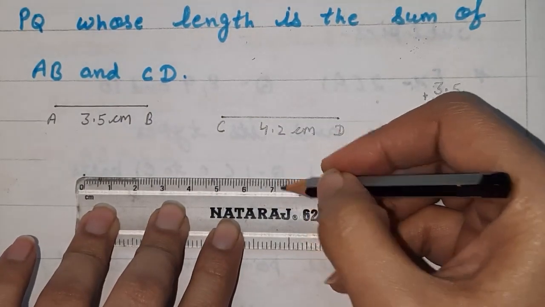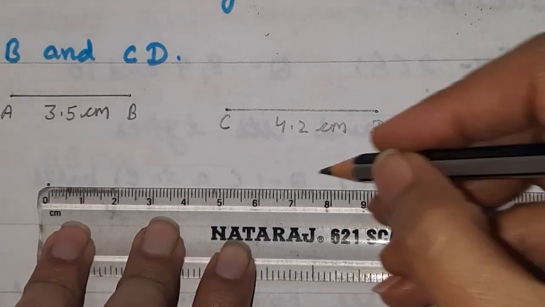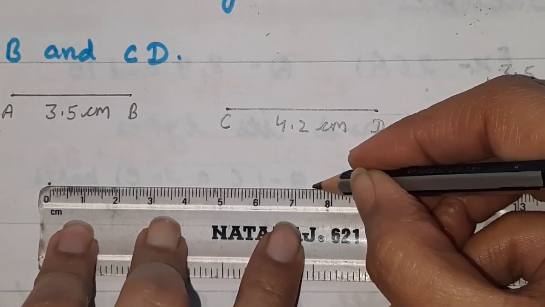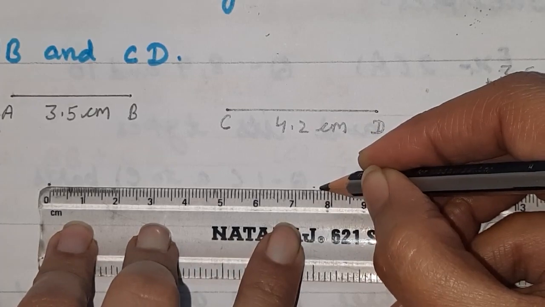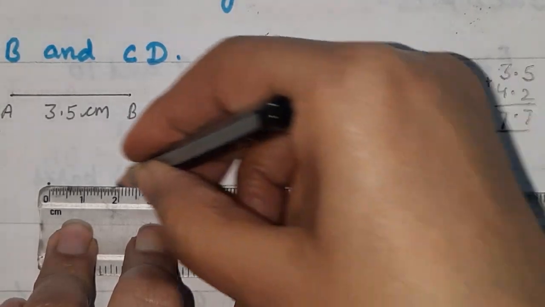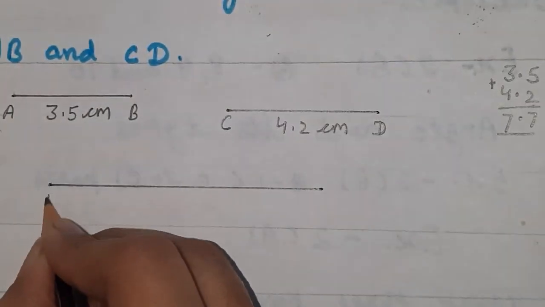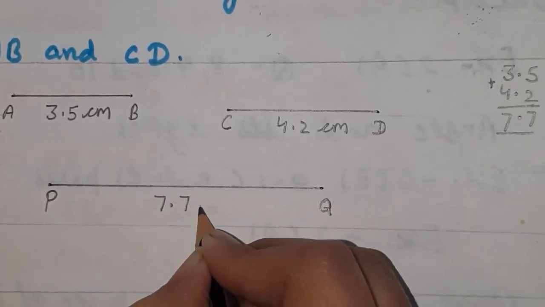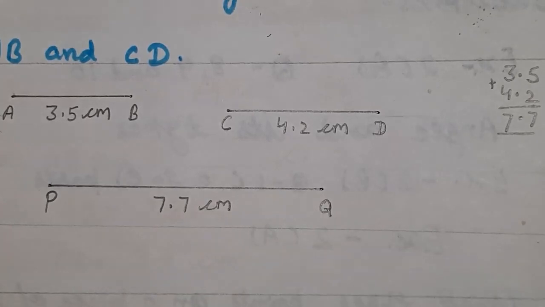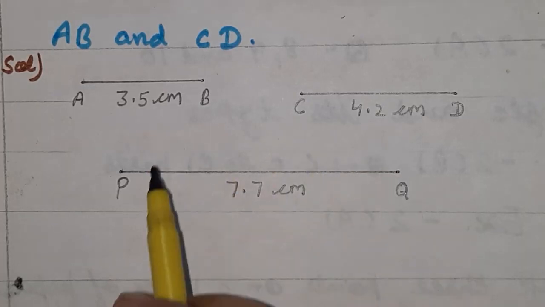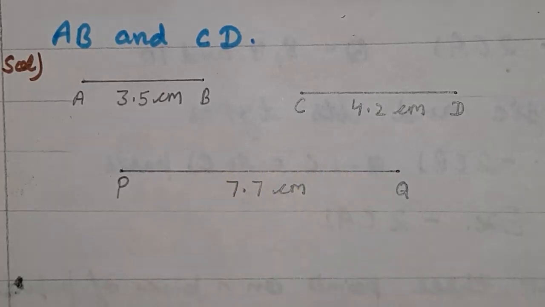And now after 7, this bigger, a little big line is 7.5. Take 2 more divisions. This one, 7.7. Now join this. Name of this segment is PQ and length is 7.7 centimeter. Okay. Basically, in this question, you have to construct 3 line segments: AB, CD, and PQ.